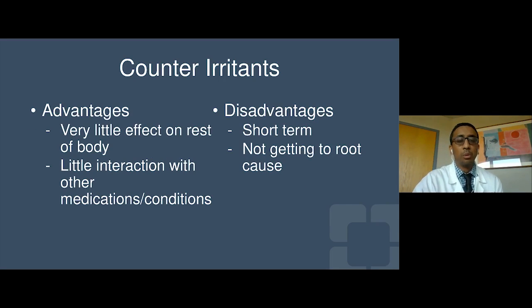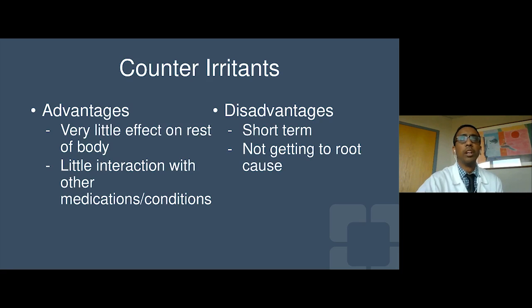So we'll go into advantages and disadvantages of each of the categories. Advantages: again, very little effect on the rest of the body. You can localize by applying the cream right to the spot where it hurts, whether that's the knee, hand, or shoulder.